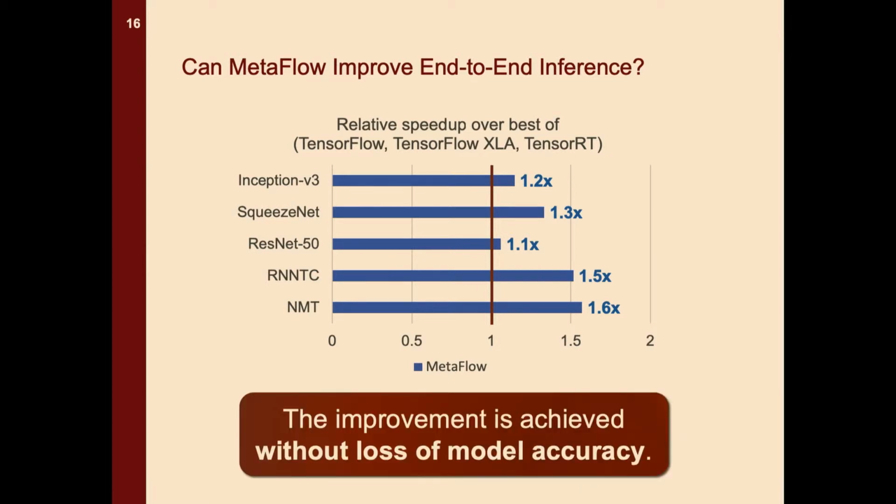One thing I would like to point out is that our improvement is achieved without any loss of model accuracy because we preserve computation. So you can achieve this optimization almost for free because you don't have to worry about accuracy loss at all. We think this is a very nice property of MetaFlow.